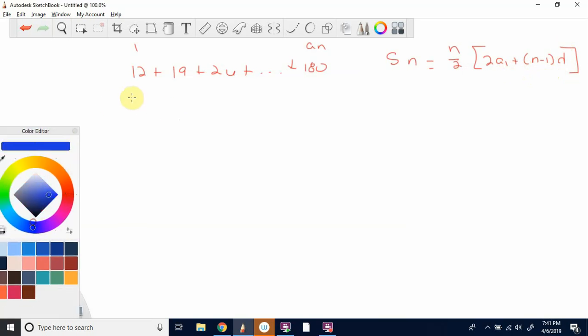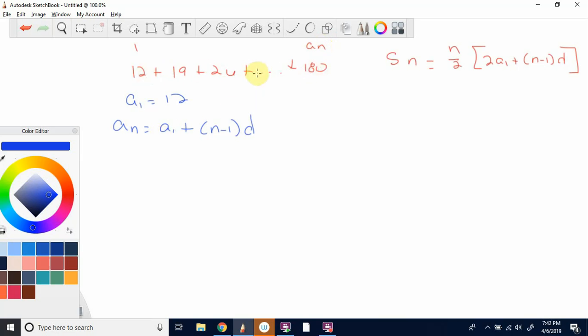Let's dissect and see what we know. We know a sub 1 is 12. And I have my formula a sub n equals a sub 1 plus n minus 1 times d, right? I know a sub n, correct?